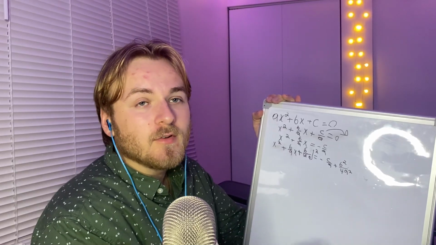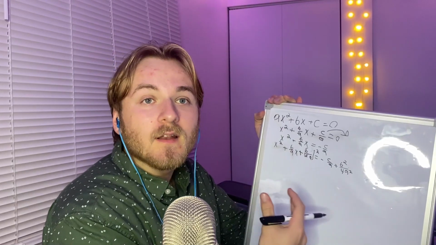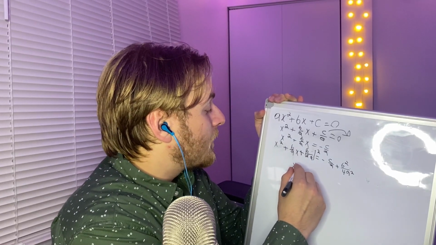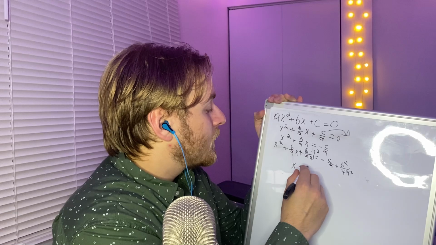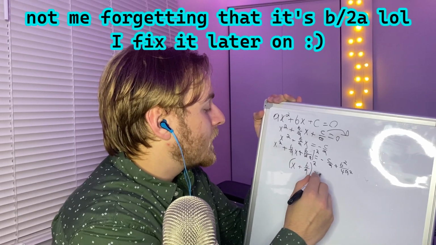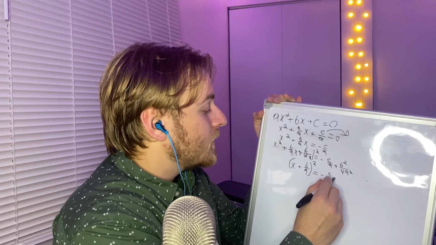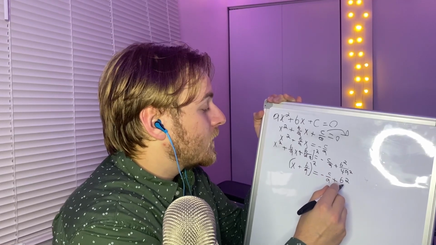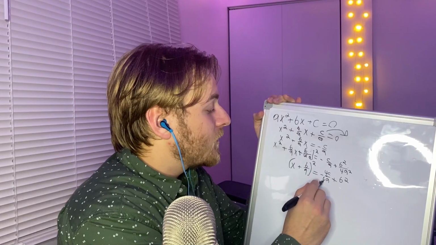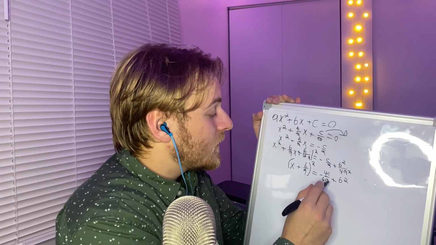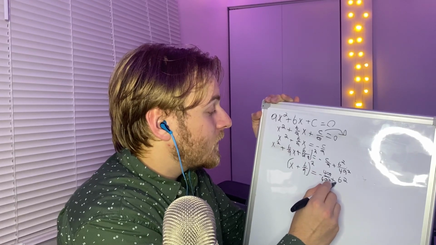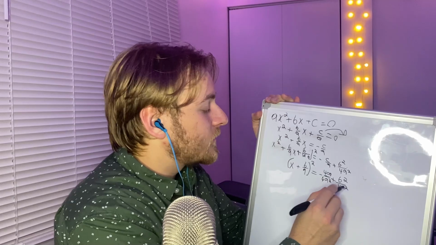And we can continue this proof by taking this left side and actually turning it into that perfect square. So we get x plus b over a all squared. And this is equal to negative c over a plus b squared over 4a, but we can actually change it, so we can add 4c up here, 4a down here, and multiply this by an a, so we get 4a squared, b squared over 4a squared.